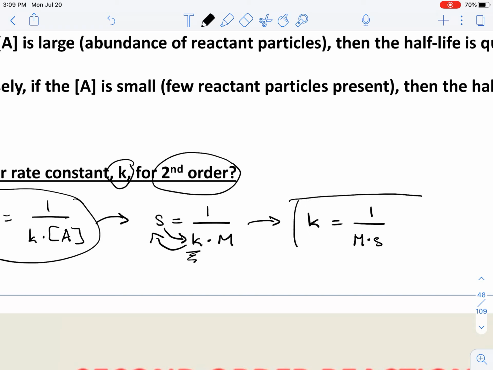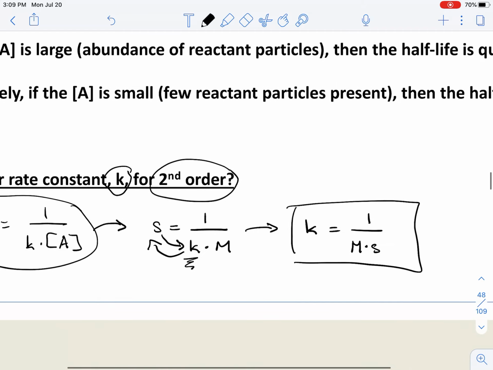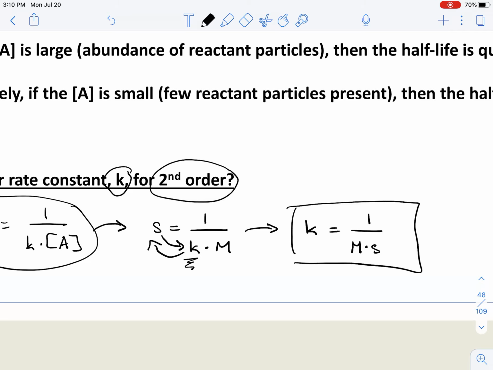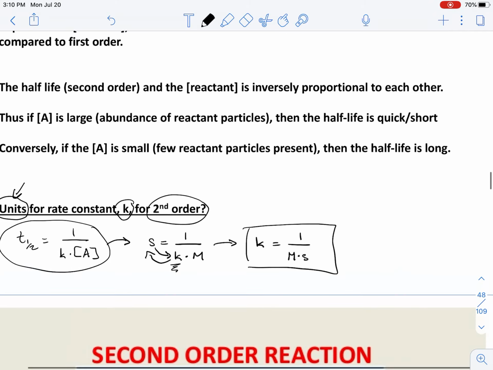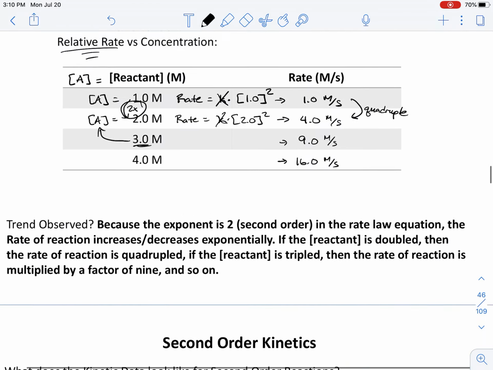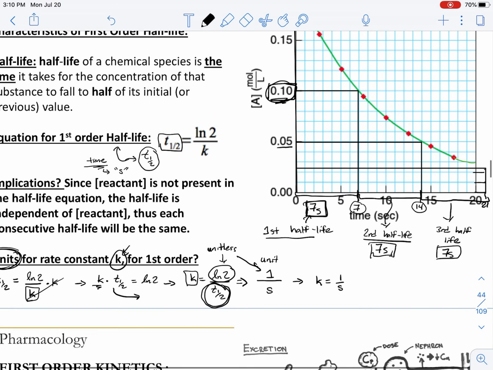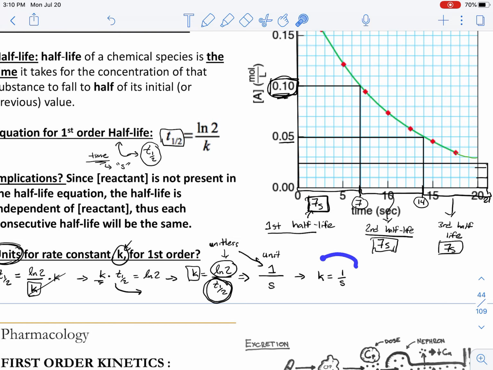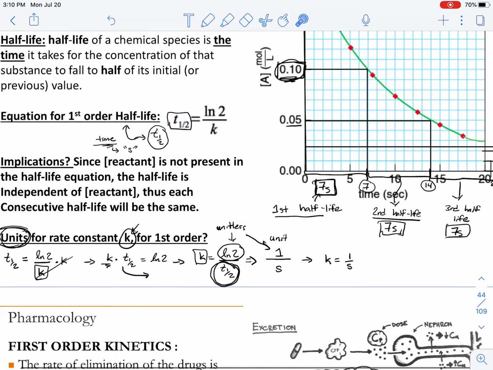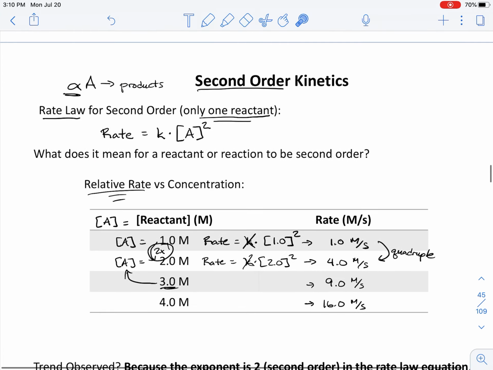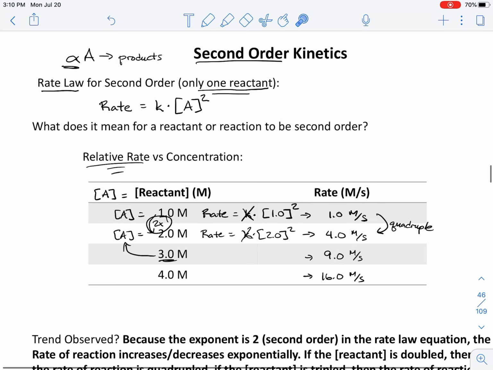And so this is going to be the unit for the rate constant K if it's following second order kinetics. And if you compare that to first order, it's just 1 per second. That would be the unit for K.